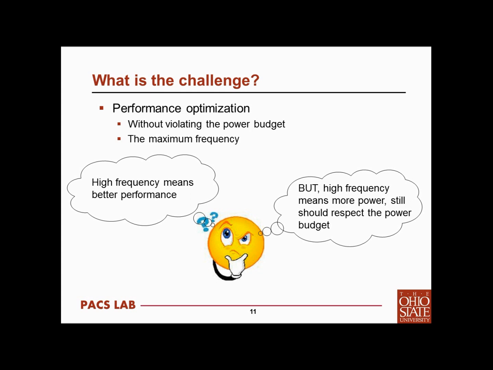So the problem essentially becomes how we can decide the maximum frequency of a computer system without violating the power budget. Since the power consumption of the system is a dynamic value that changes from time to time, how to decide this maximum frequency at runtime is a very challenging problem.